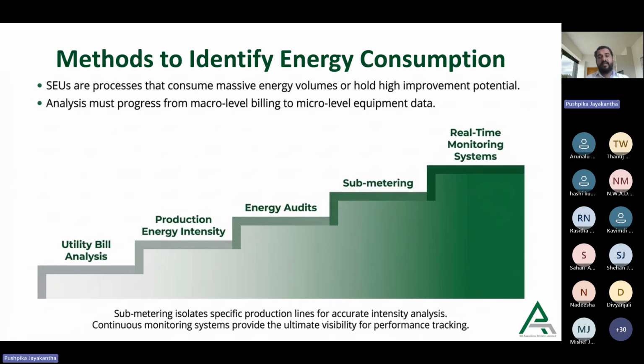And the production energy intensity analysis relates energy consumption to the production output. And the energy audit evaluates the energy performance of equipment and the process. And submetering measures energy consumption of individual systems. And the energy monitoring system provides real-time data. So these methods provide comprehensive understanding of energy use.